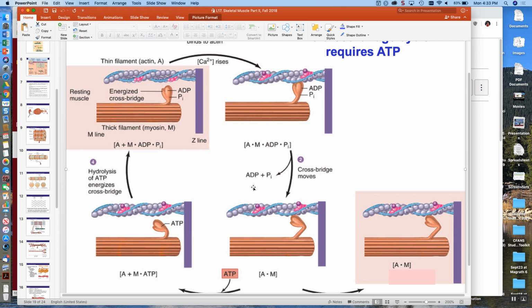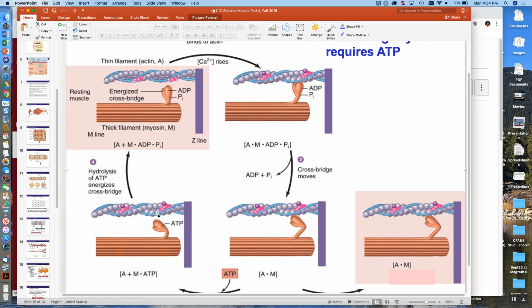Then, like the game we played today, it's ATP that's responsible for dissociating the myosin head from the actin filament. You can actually see that right here. ATP is required to dissociate actin from myosin.